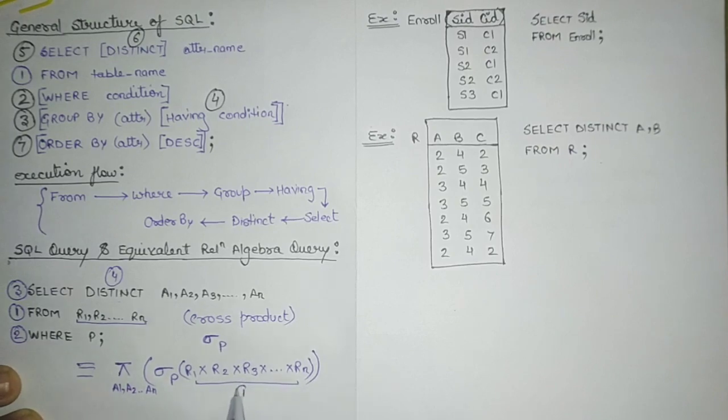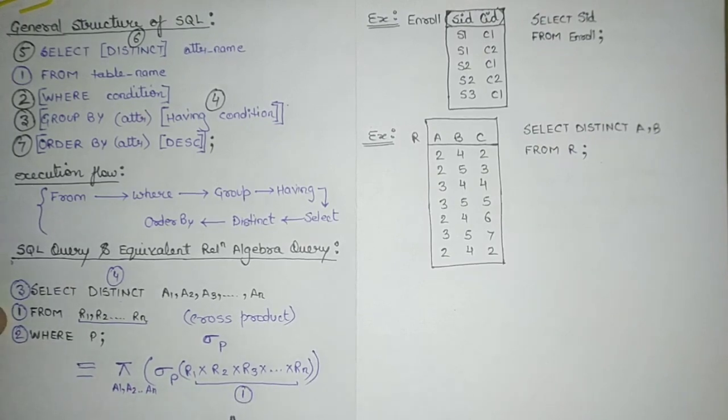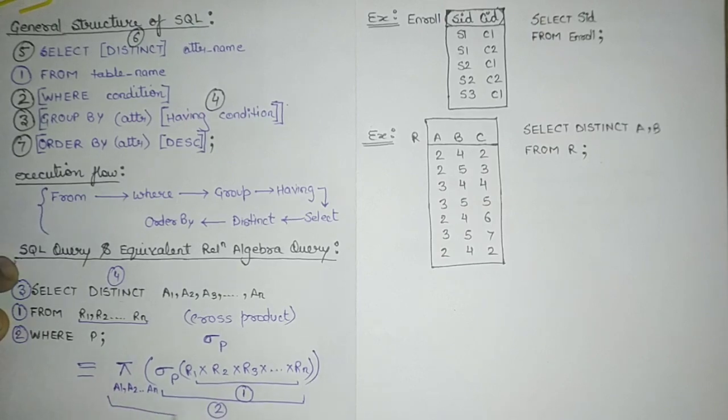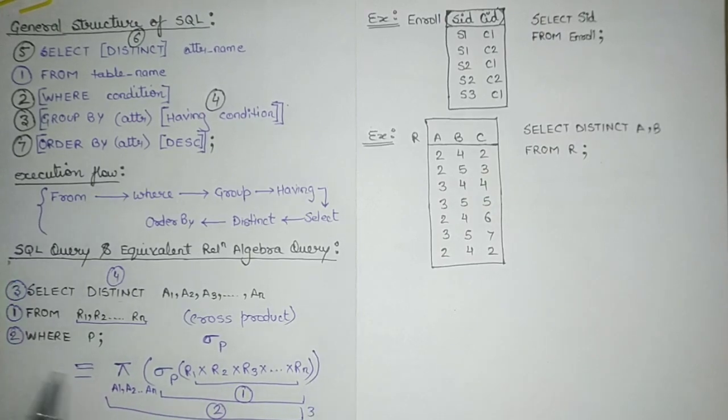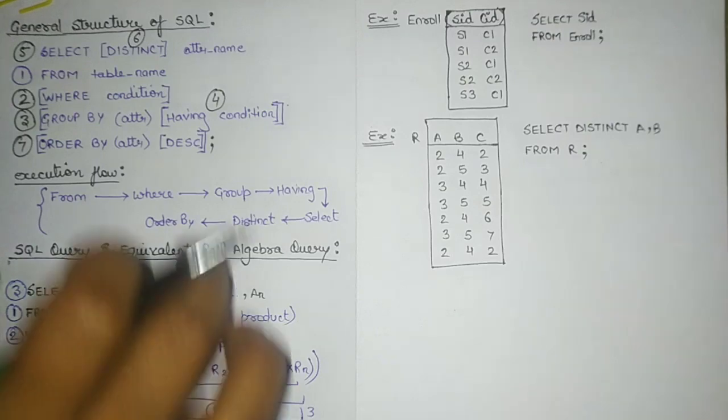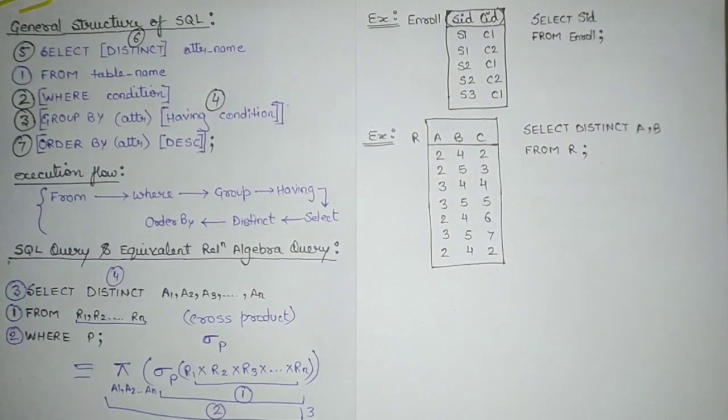This should be executed first, which is the same as from in SQL. Then we check the outermost, then the next outer. So the sequence of resolving a query in SQL or in relational algebra is the same, because in both we are going from inwards to outwards. This is the main motive of explaining this much.